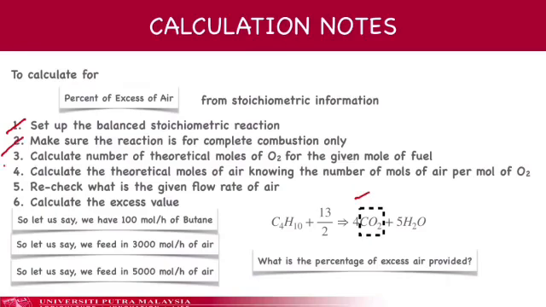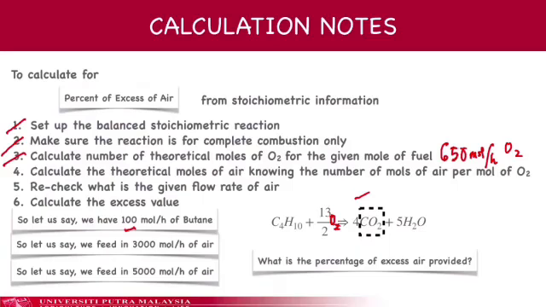We already calculated the number of theoretical mole of oxygen required, which is for 1 mole of butane, you will require 6.5 mole of O2. So for 100 mole of butane, we required 650 mole per hour of O2. Okay, that is the value that we had calculated previously.